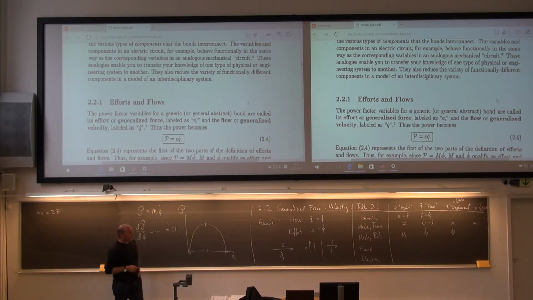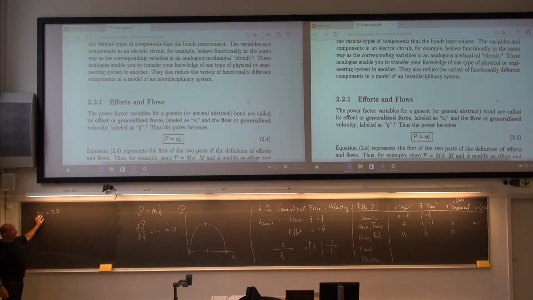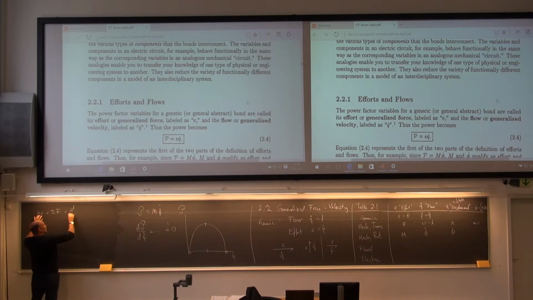So the time integral there, well, that was just the momentum, or you can write it like this if you like, the t of mass times velocity. So the time integral, yes, is mass times velocity.